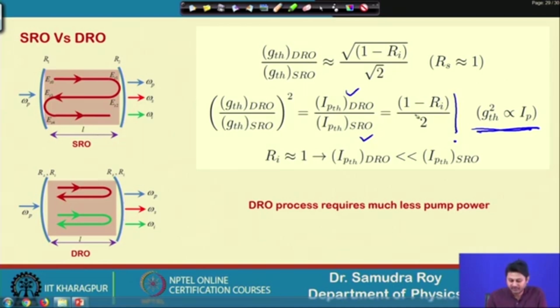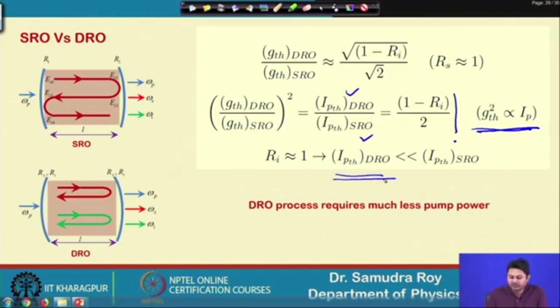If the numerator is very small, we can readily see that the threshold value of the DRO is much less than the threshold value of SRO. That means the power required to excite the amplification in SRO is much greater than the power required to excite the amplification in DRO. That is an important conclusion that we have.